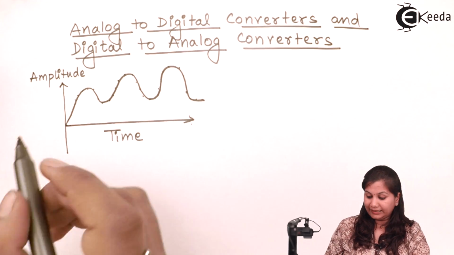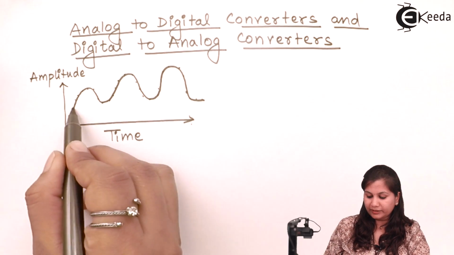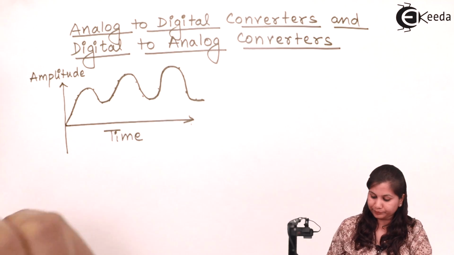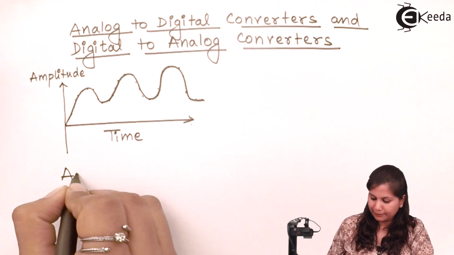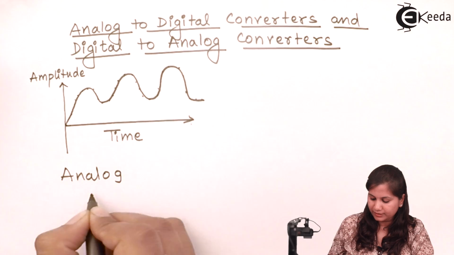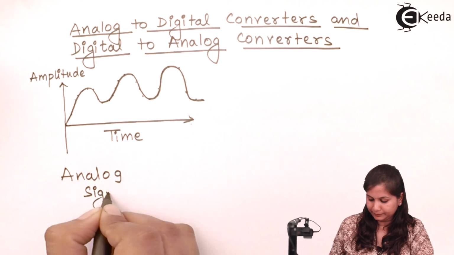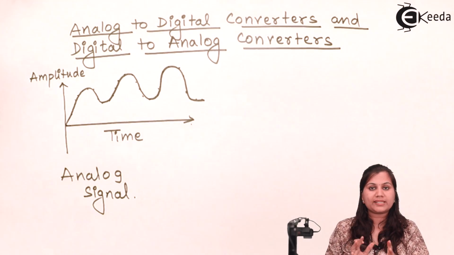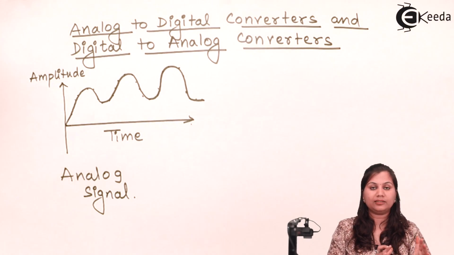We can see that at every point there is a different value of this signal. So this is an example of an analog signal. Most of the signals present in the physical world are analog signals.